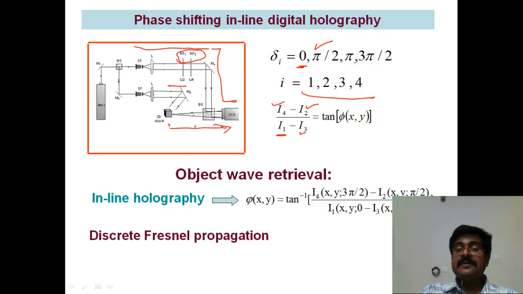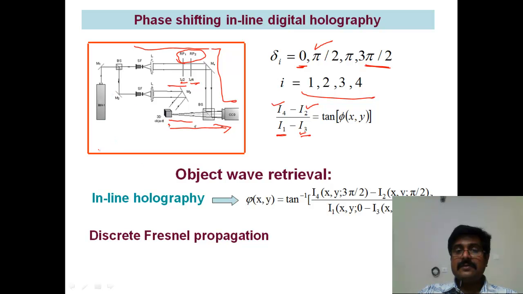And third, by appropriately combining the lambda by 2 plate and lambda by 4 plate, we achieve a phase shift of pi, and then that reference wave and this object wave again interfere and record the third interferogram. Similarly the fourth, by a suitable combination of these retarders, gets the phase shift of 3 pi by 2, and in the same way the fourth hologram is recorded.